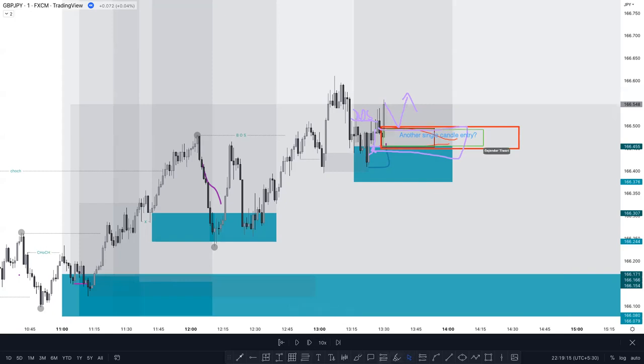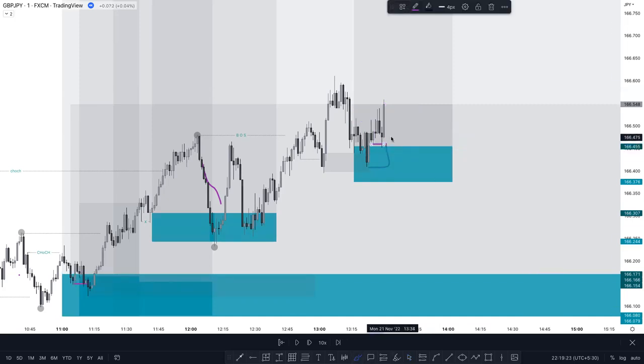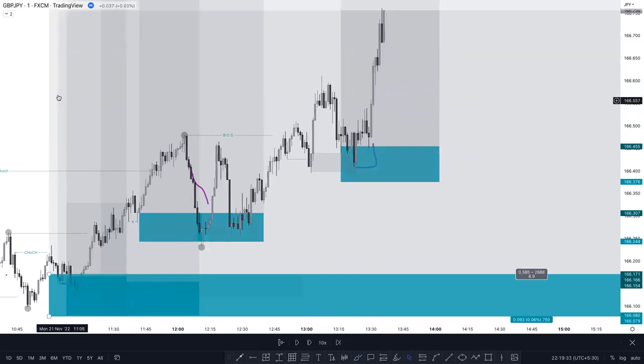Entry is here after taking out this previous candle low, swept here at this point. Sweep, and we can buy here if price again taps here. Okay, let's see.